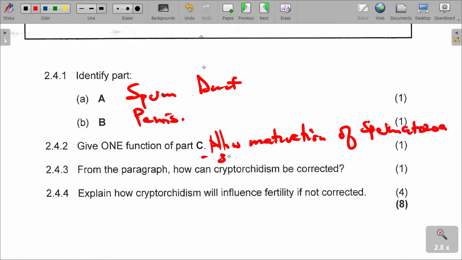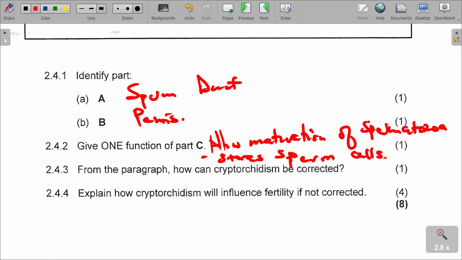It actually stores sperm cells. That is the function of part C. It stores sperm cells.